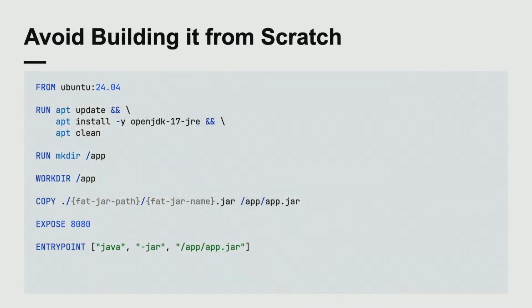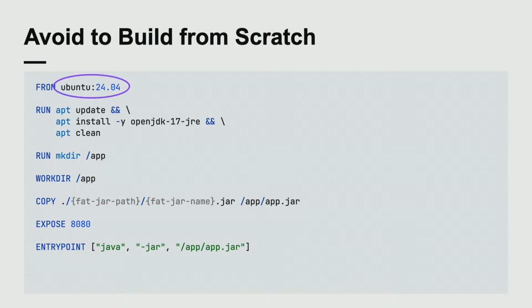In order to build this kind of image, you need to create your Dockerfile in the root directory under your project. If you search on the internet, you might probably get an example like this one. First, you will get your base image from Ubuntu. Then you will install the OpenJDK on top of your operating system.